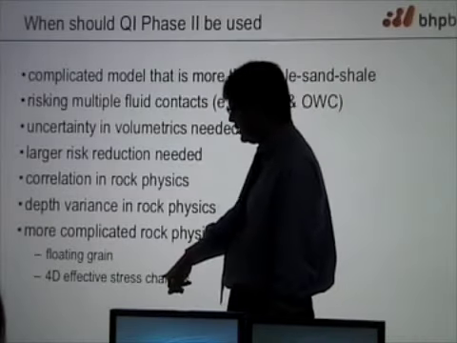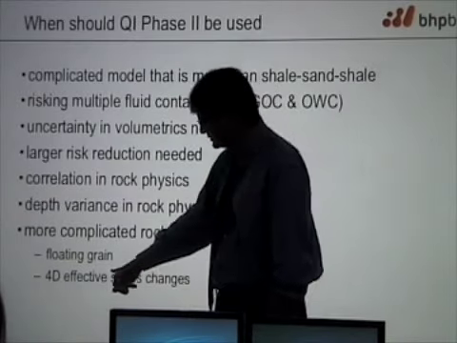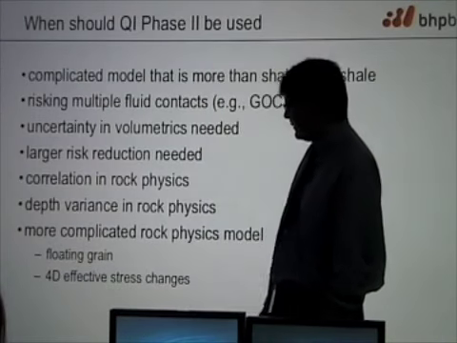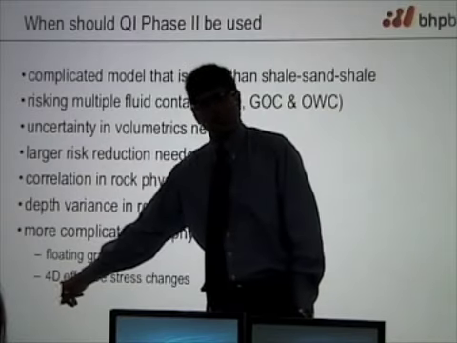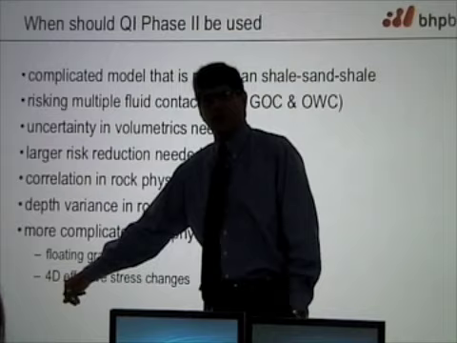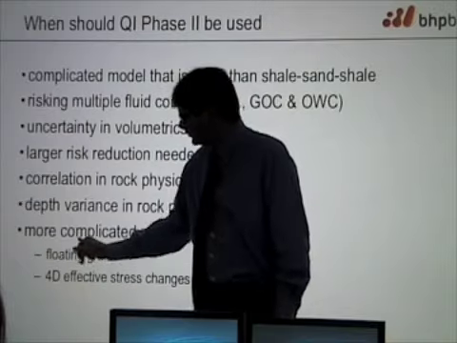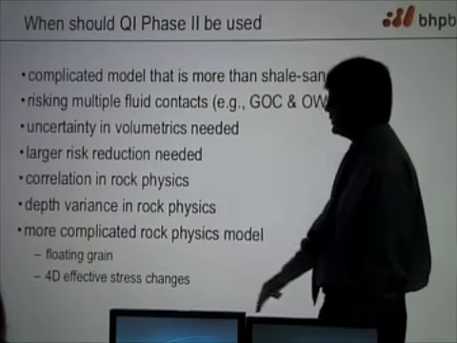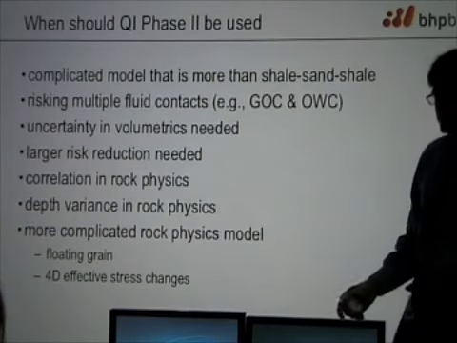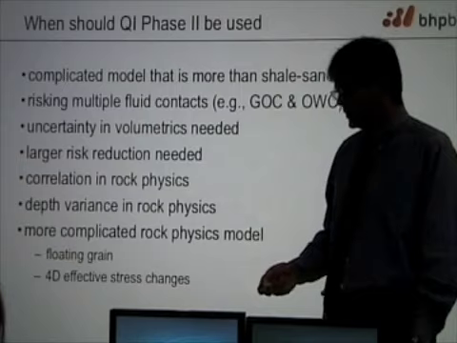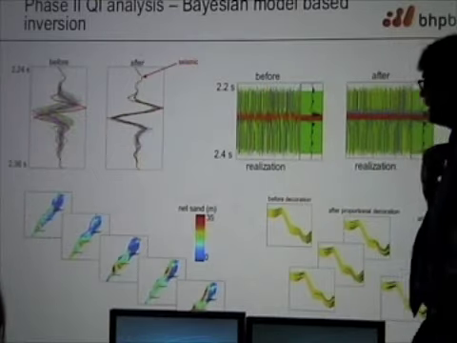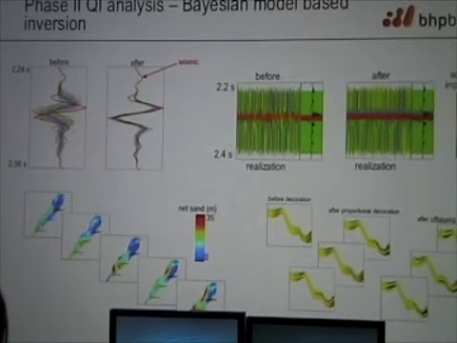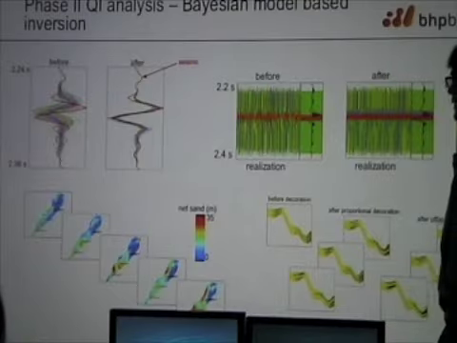Or do you want to bring in explicitly effective stress changes that come from production or from some of your basin modeling? If any of these things are of significant importance to you, you should think about using the particular phase 2 analysis. I talked a little bit about this in the introduction.